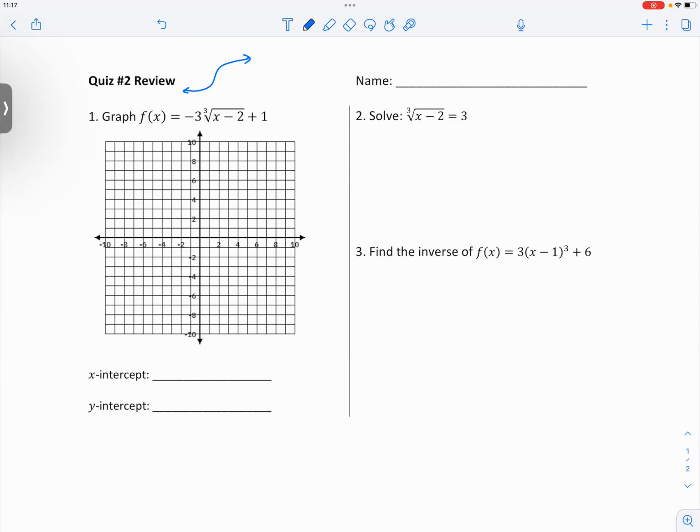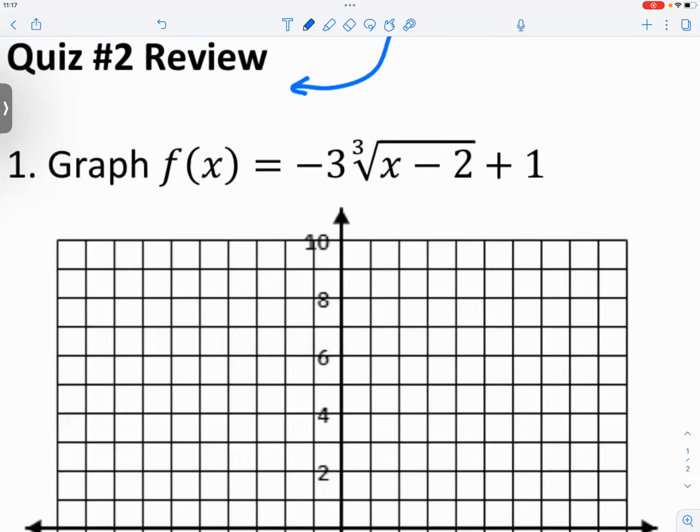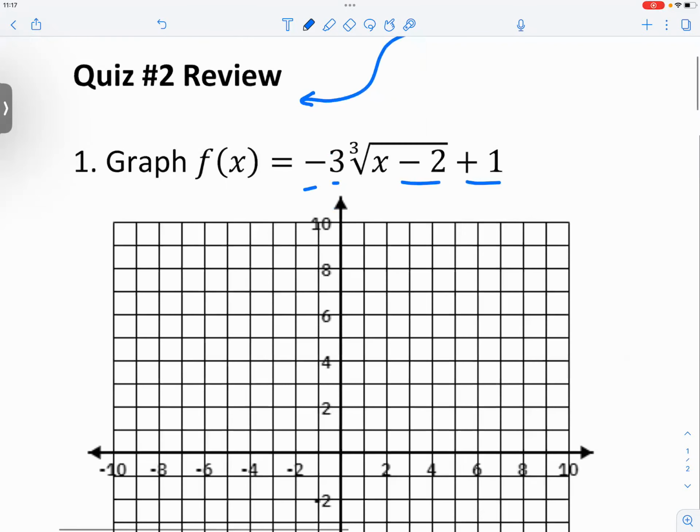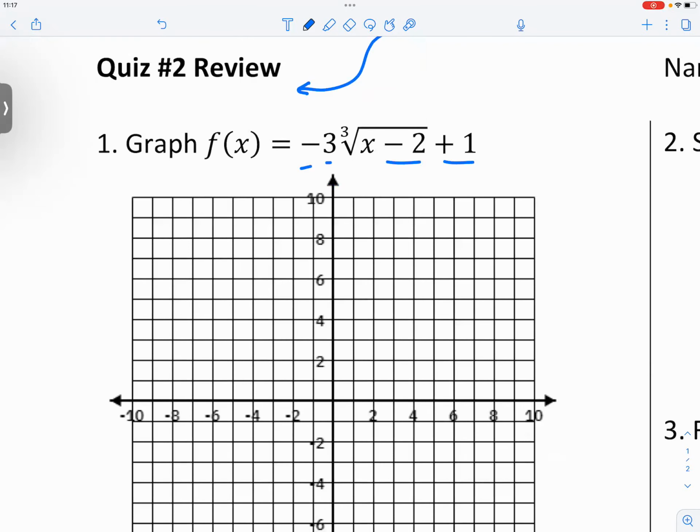Okay, then now let's take a look at this equation here. We have a negative here, we have a 3, we have a -2 with a +1. So let's go ahead and interpret something really straightforward. Probably the -2 and +1, meaning that we will move to the right 2 units and up 1 unit.